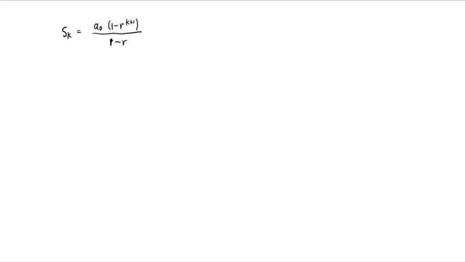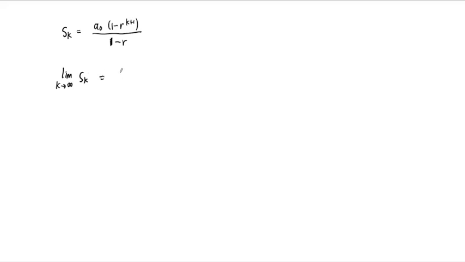And remember, the r and the a0 are both given in the equation of the geometric series, so those are known numbers. If we're going to find out if this thing converges, we have to take the limit as k approaches infinity of this formula for s sub k. We take the limit as the partial sums go out the series, so we add up more and more terms, until we get all of the terms.